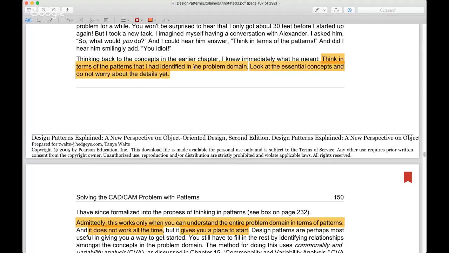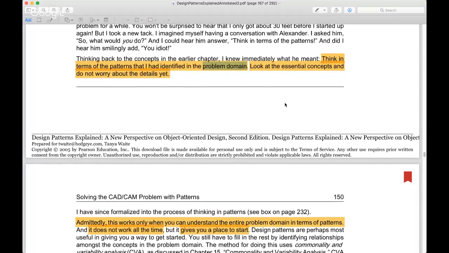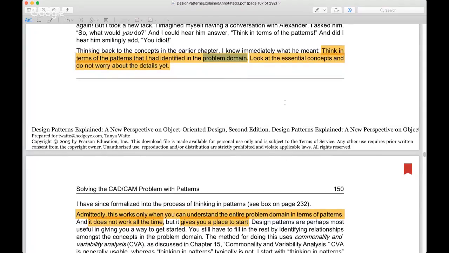So going back to the concepts in the earlier chapter, he had, and I had forgotten this, he had identified all the patterns that would have something to do with the problem domain he was in. So he says, look at the essential concepts and don't worry about the details yet. In other words, okay, you've got a set of patterns that could work here, but you don't know in what order to apply them.